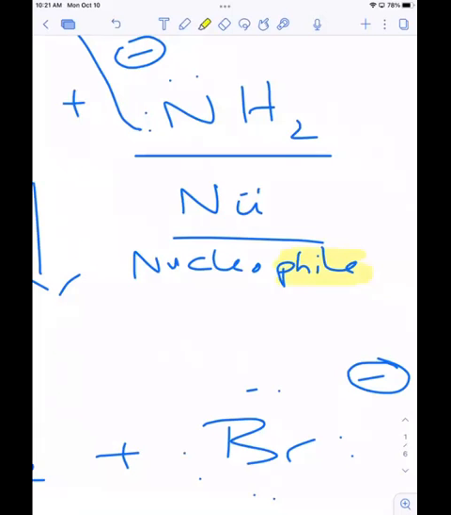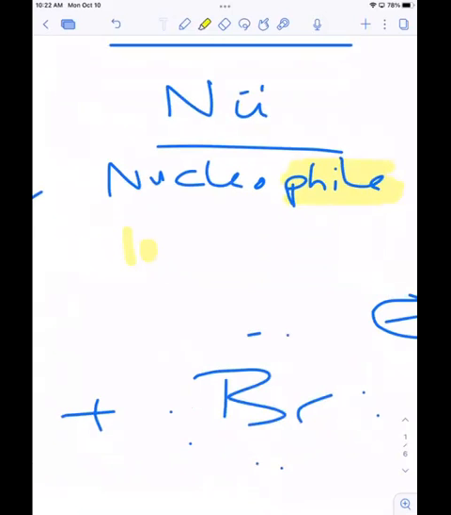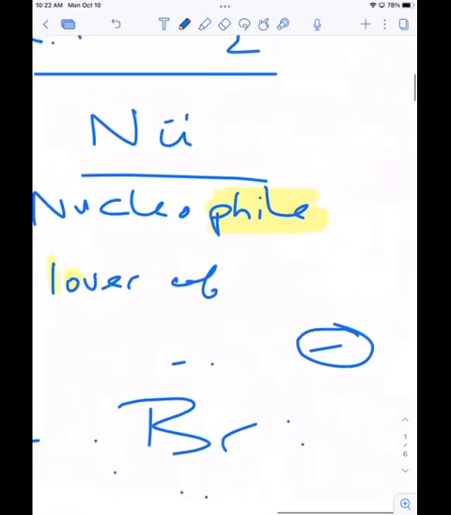So a nucleophile is a lover of nuclei. What's the charge on the nucleus of any atom? The nucleus, positive. The electrons are negative. They add up to the same number of protons and electrons to make the atom neutral. But the nucleus is positive. So this is a lover of nuclei.